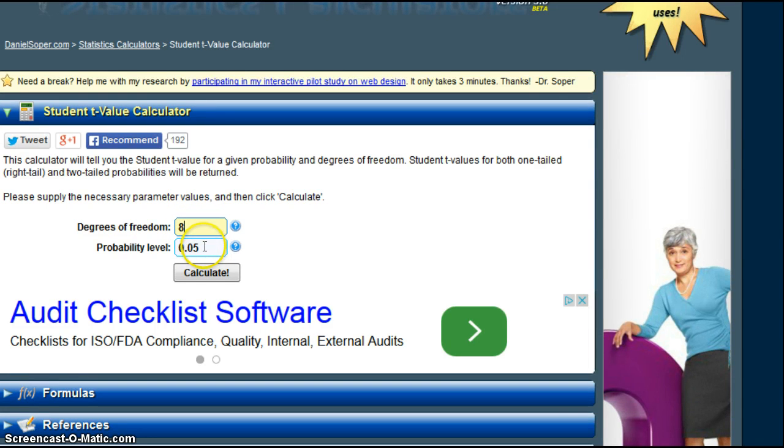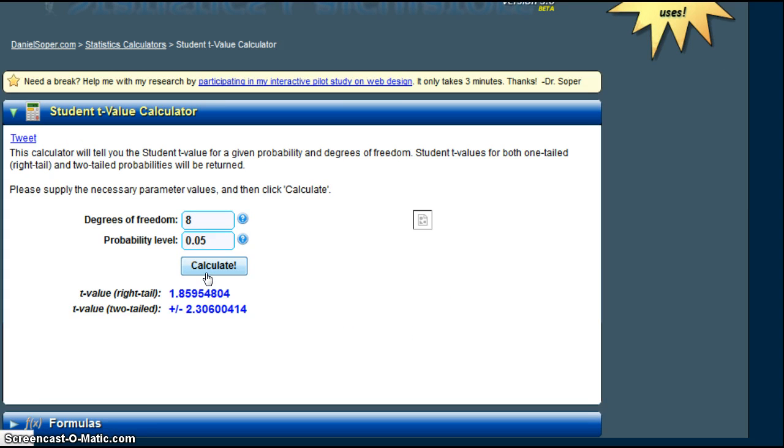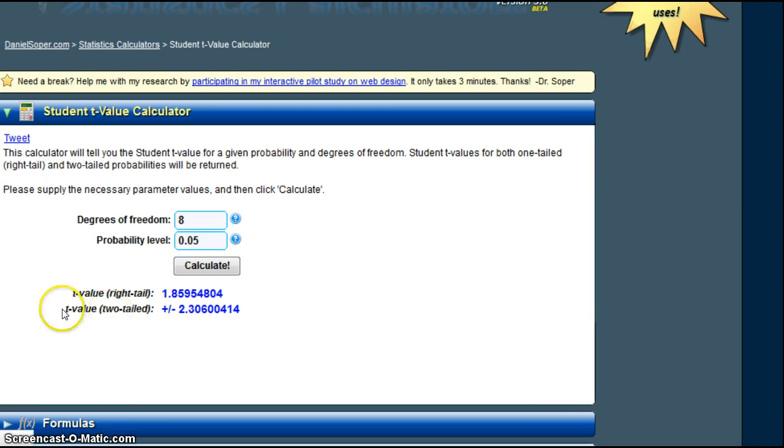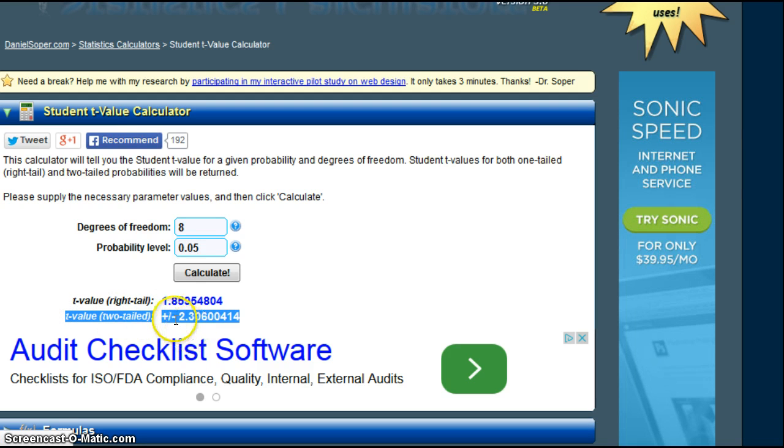It was an alpha level 0.05 in the problem, so we'll hit calculate. Because it was a not equals test, we're going to look at the two-tailed critical values. So in other words, one of your critical values is positive 2.306 and the other one is negative 2.306.